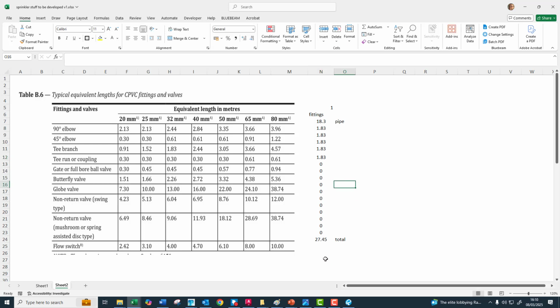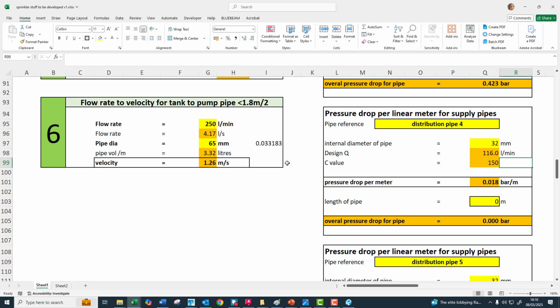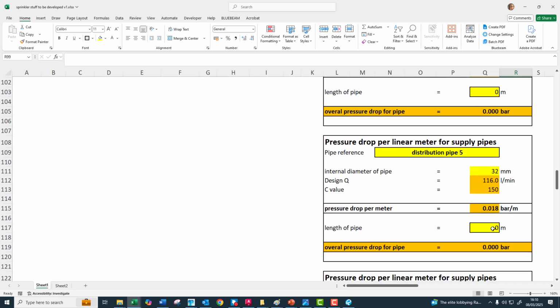And that gives us 27.45, 27.5. So let's stick that in our main distribution pipe. Did we say 27.5?